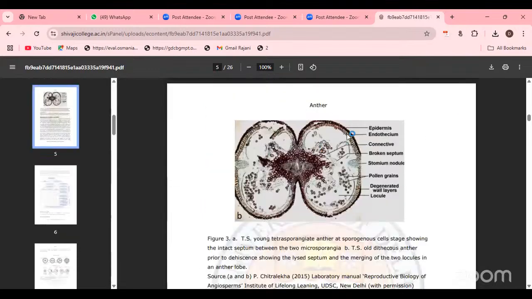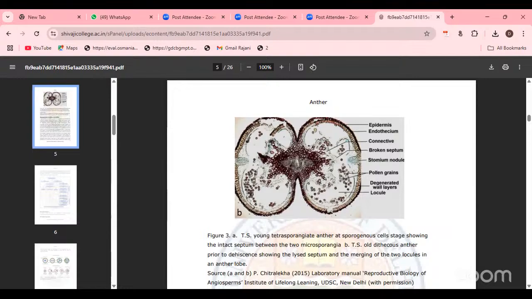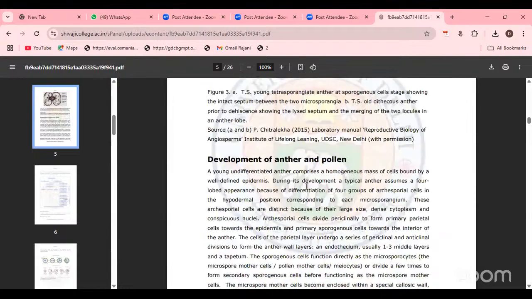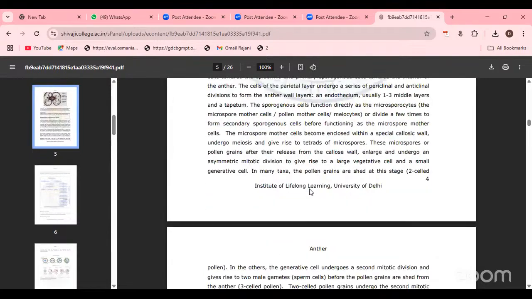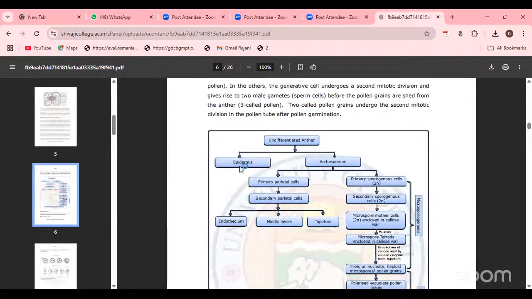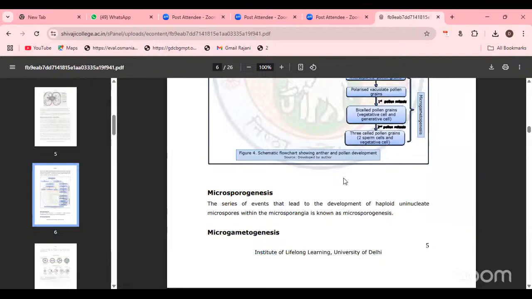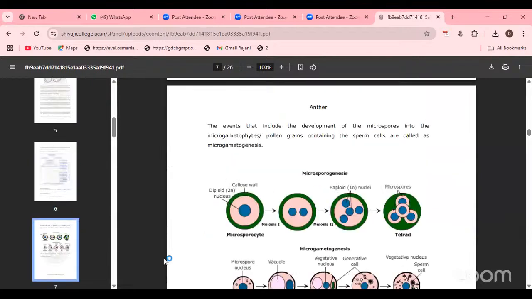See, the epidermis layer, endothecium, middle layer and connective tissues are all present in the anther tissue. The main importance of the anther is that male gametophyte development takes place in the anther tissue.